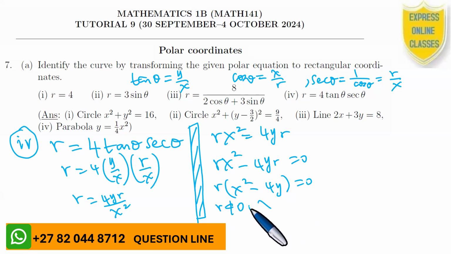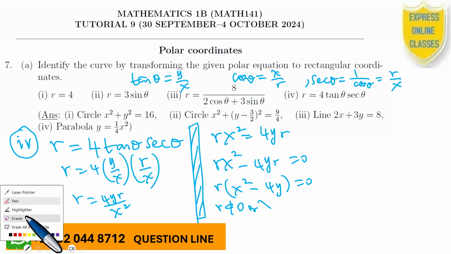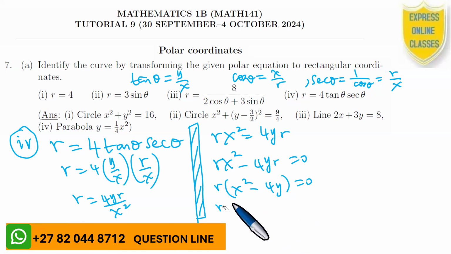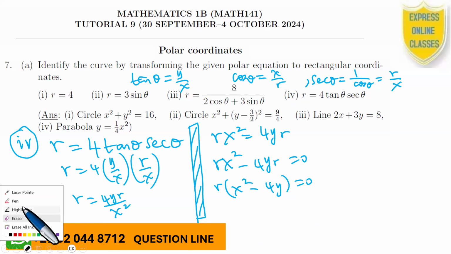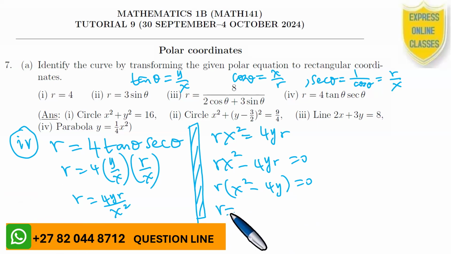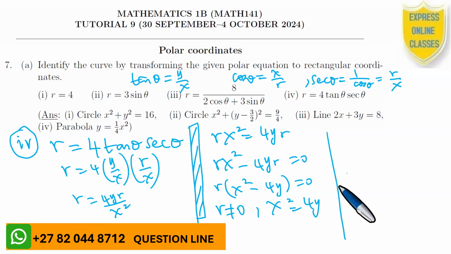So that is the case. r is not 0, yet x squared is 4y. You divide by 4, getting y equals a quarter x squared.